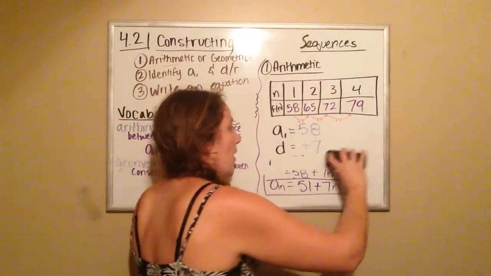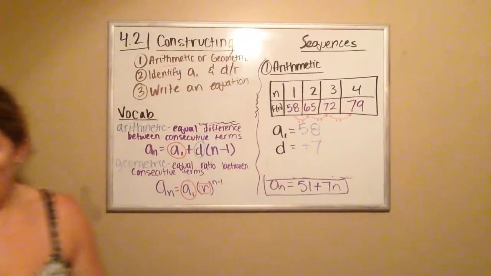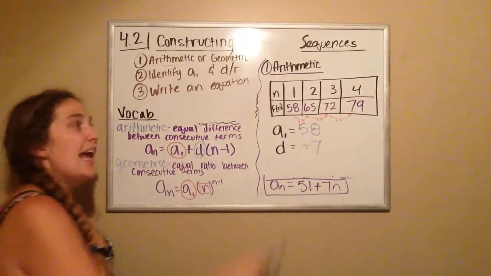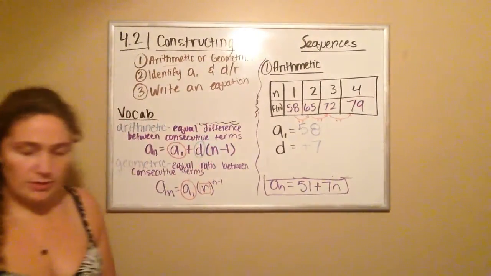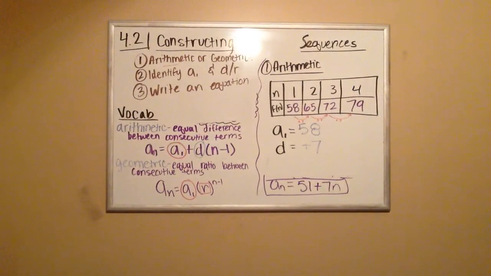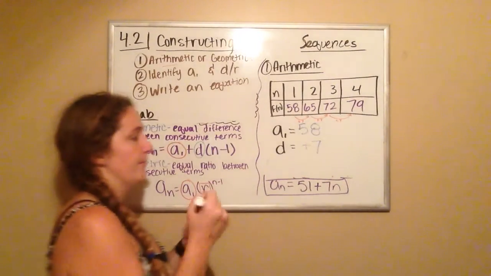Okay, but a lot of times we've got to use the equation for something. So the problem might ask, what's the 1,000th term, what's the 100th term, something like that. And it would take a really long time to keep adding 7 to get the next terms, all the way till you get to the 100th term. So let's say the question asks for the 100th term.